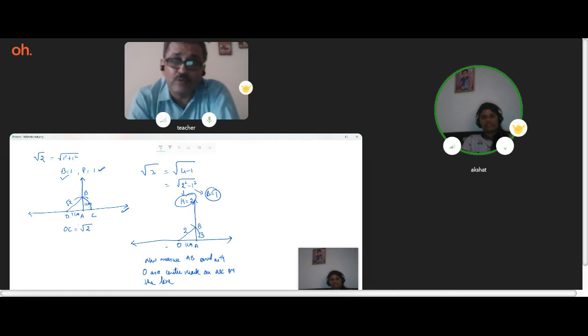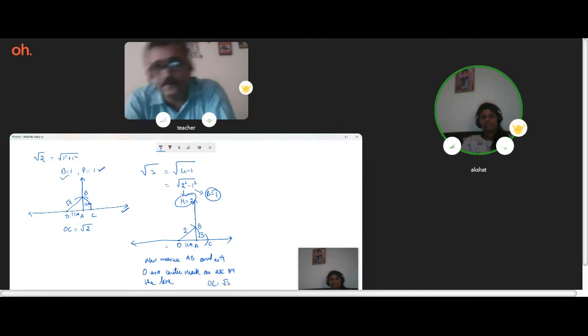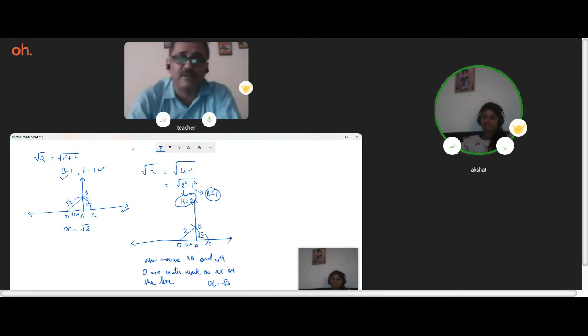I put the needle of the compass at O, and the measure is AB. Mark an arc. Suppose it comes over here. Yes, sir. Mark this point as C. So OC is equal to root 3. Okay, sir. Proceed, be quick now.